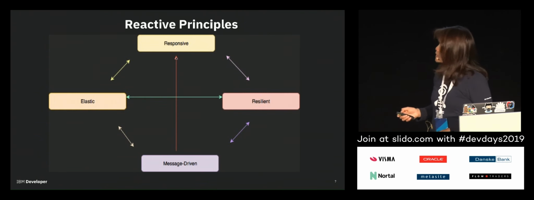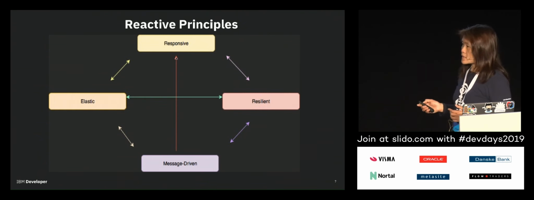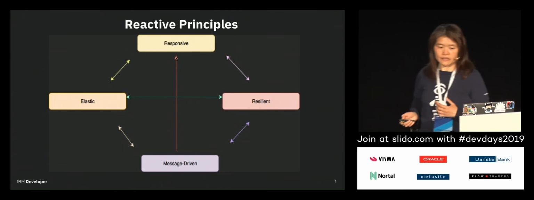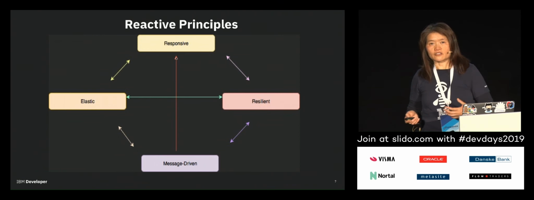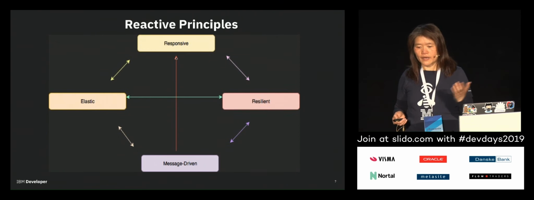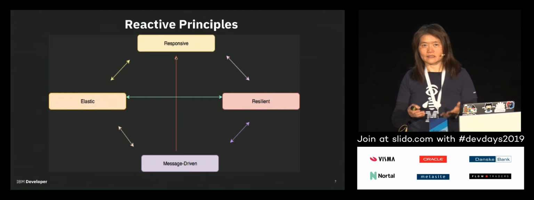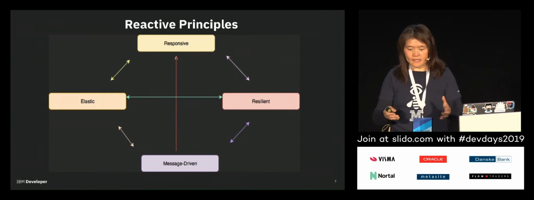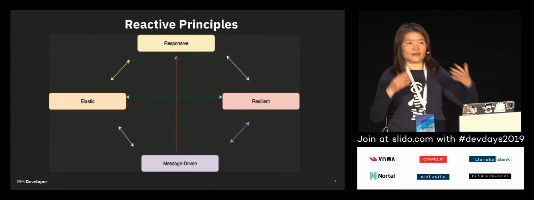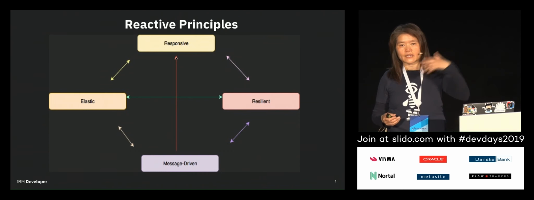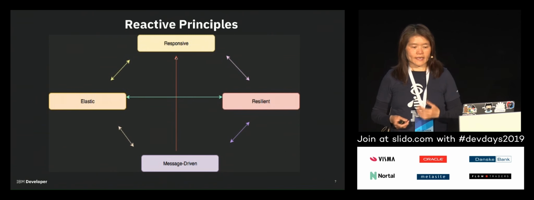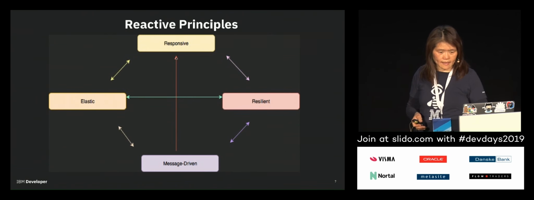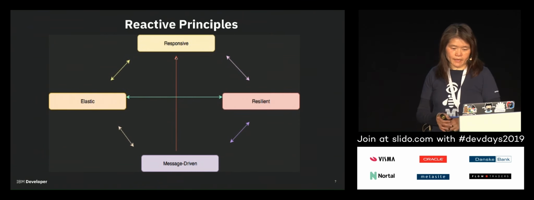And then the third principle is resiliency. That deals with failure conditions. Failure in reactive systems is a first-class citizen, meaning that reactive systems are event-driven. So a failure comes in just like another event, but it needs to be handled accordingly. Resiliency is achieved by replication, containment, isolation, and delegation.